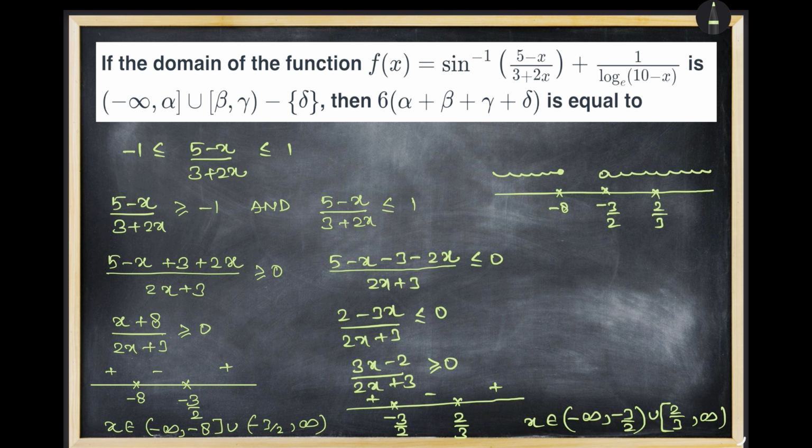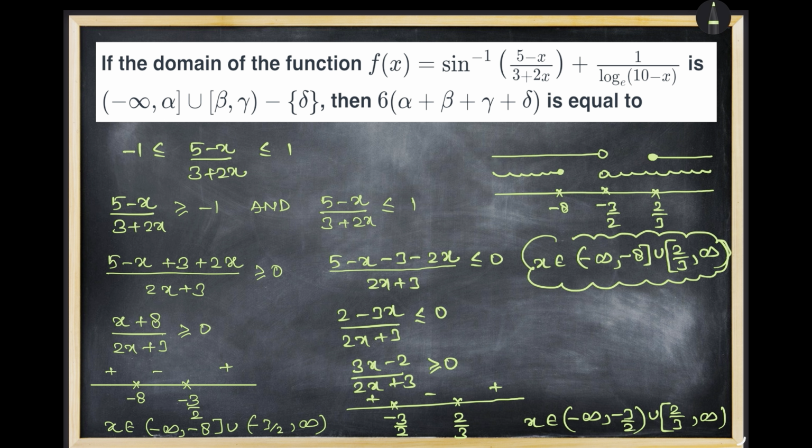Second part: behind minus 3 by 2, and after 2 by 3, and 2 by 3 is yes, so a filled circle. You have to take care of both. So x belongs to region number 1, yes, because both are present: minus infinity to minus 8, yes. Union region 2, no. Region 3, no. Region 4, yes: 2 by 3 to infinity, and 2 by 3 is included. So we got the answer to the first part.